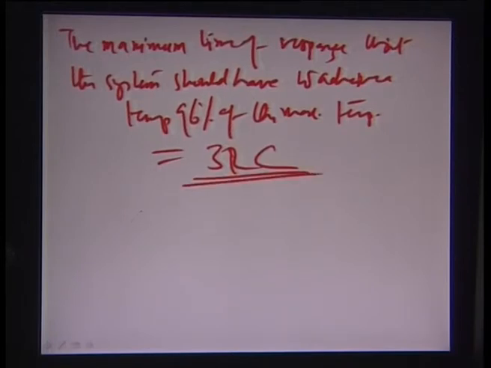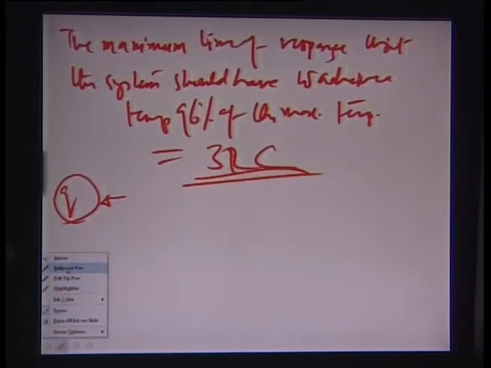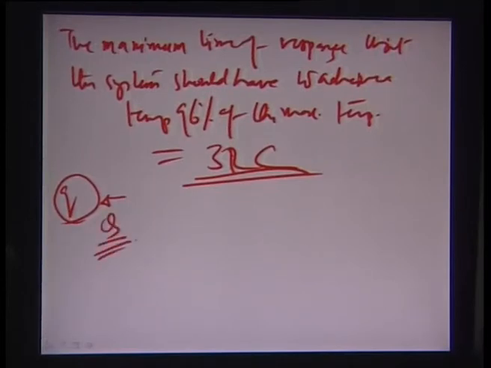As we saw in the RC example, Q, which was the electrical equivalent of the heat, capital Q in our case, was about 63% of the full charge once the time reached one time constant, and about 96% of the full charge as it reached about 3 times RC.